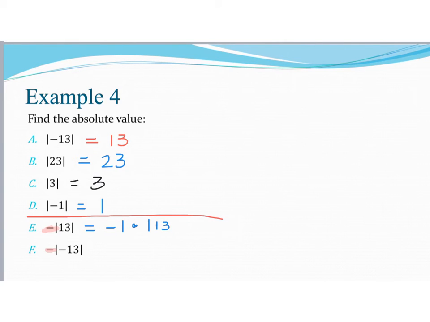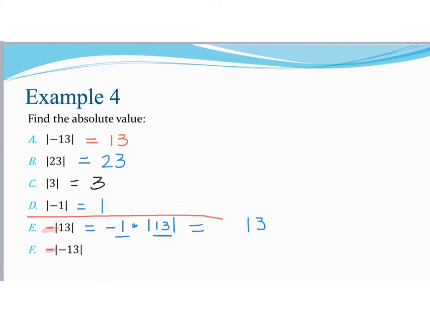What this is really saying is I have a negative 1 times the absolute value of 13. The way I would do this is to treat the absolute value like a parenthesis, or a grouping symbol. Order of operations tells me to do that first. So the absolute value of 13, or how many units away from 0 is 13, is 13.